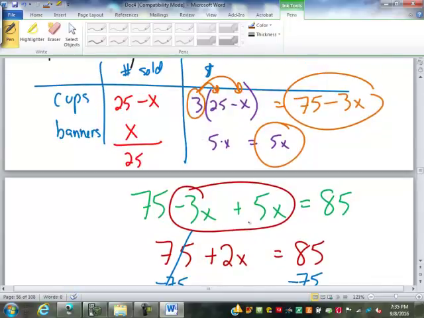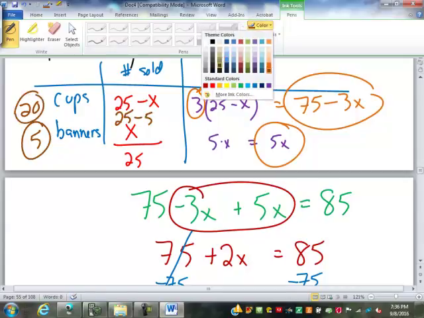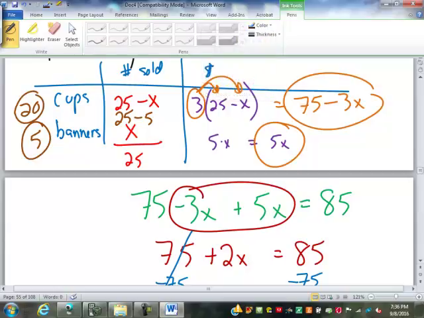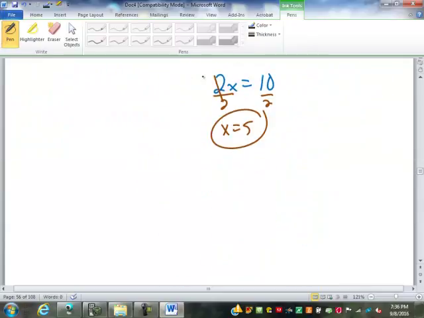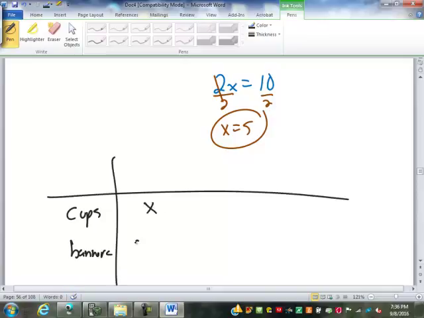So that tells us the number of banners sold, which is X, is 5. How do we find the number of cups? 25 minus 5, which is 20. If we put X for the cups, it would still work out. So the cups would be X and the banners would be 25 minus X. So now this is 3 times X, because it's the dollar amount for the cups, right?